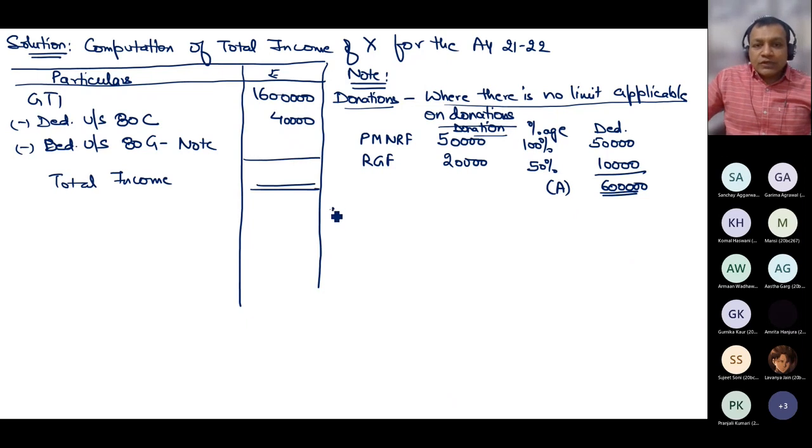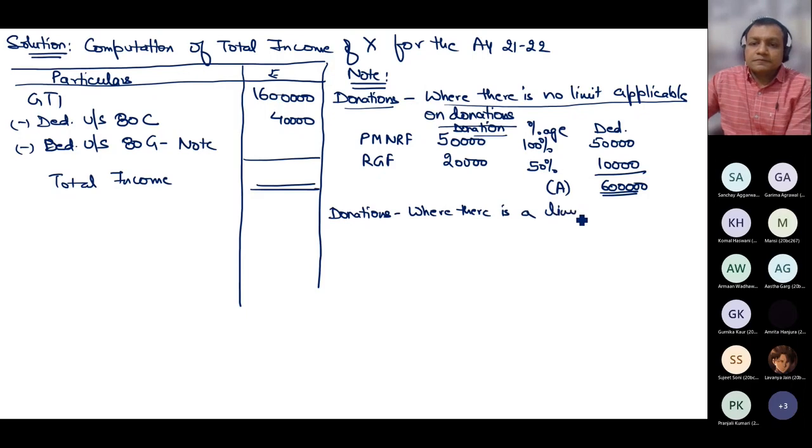Then second category: donations where there is a limit applicable. Which category is this? Category 2.